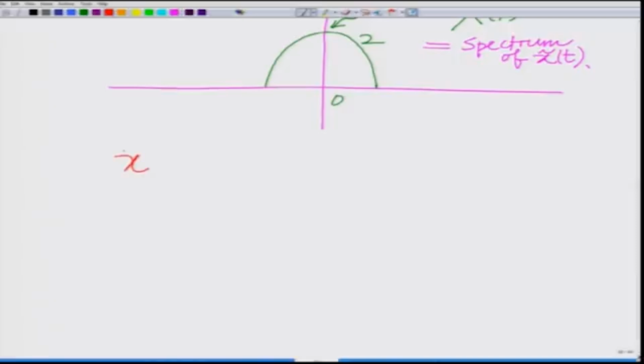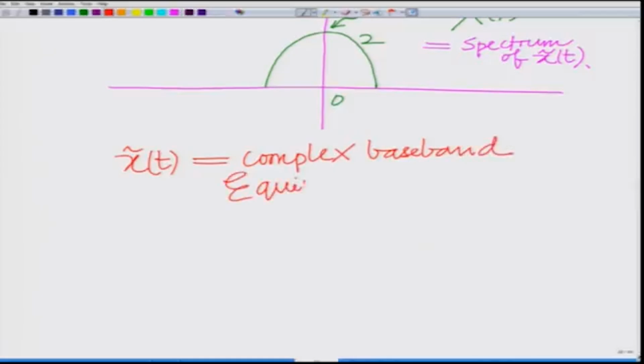So, x tilde t is the complex baseband equivalent of the passband signal x t.